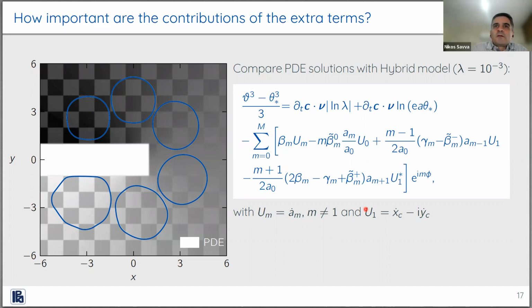Whereas if you want to simulate the full PDE, it can take a couple of days on a supercomputer. So you need much more computational effort to resolve these dynamics. And importantly, if you even decrease lambda further, the computational overhead of the full PDE increases considerably, unlike this model, which is no longer stiff and can be easily simulated.